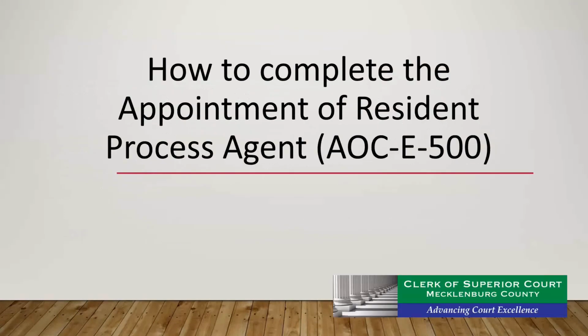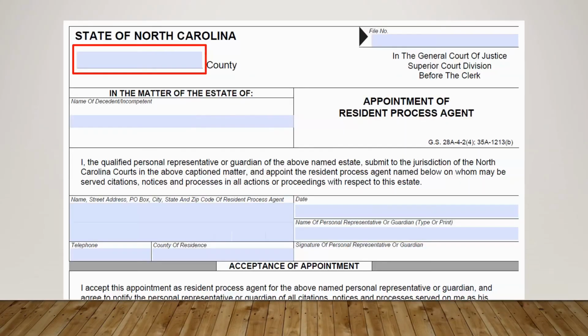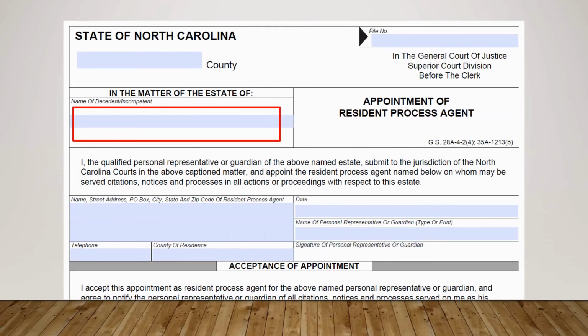How to complete the Appointment of Resident Process Agent form. Enter the name of the county where this form will be filed. Enter the decedent's name.